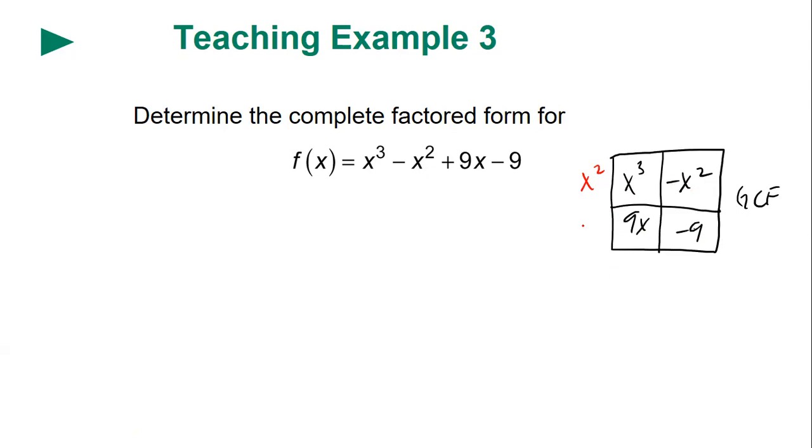The GCF here is 9. The GCF here is x. The GCF here is -1. If the outer box is negative, your GCF is negative. So this in factored form is x minus 1 times x squared plus 9.